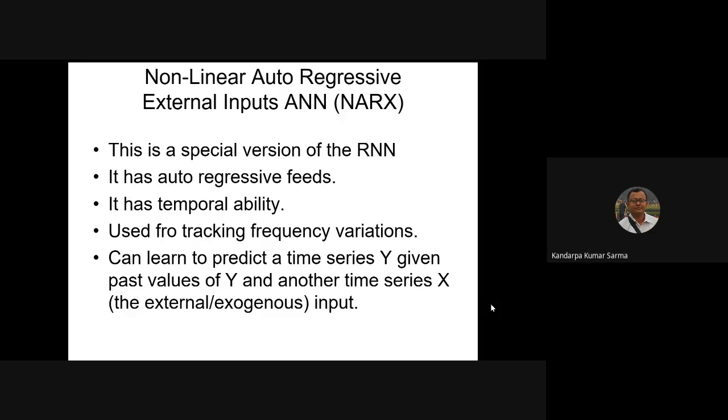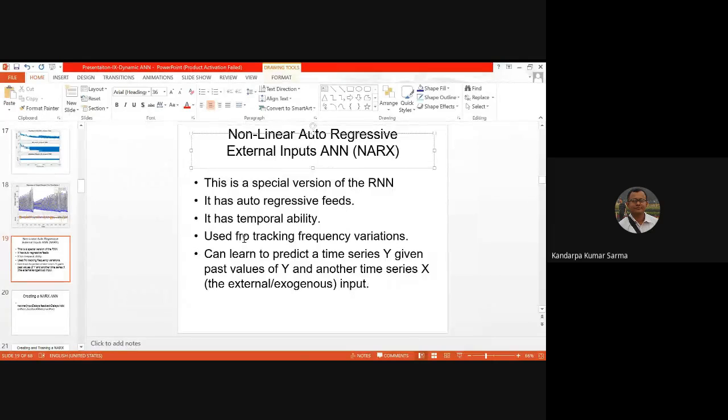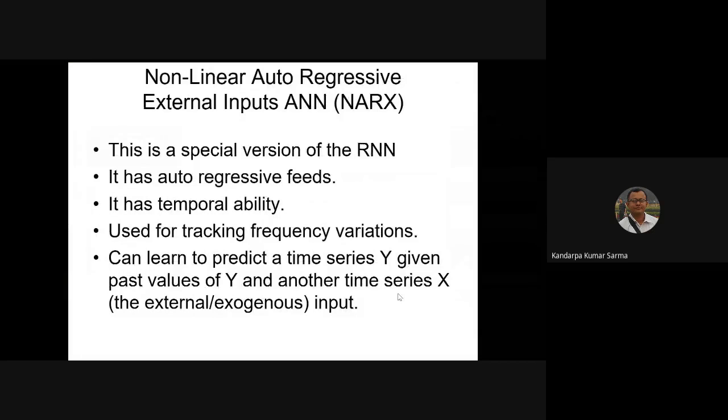It has autoregressive feeds. It has a very strong temporal capability. Temporal capability means it can deal with time variation. It is quite frequently used for tracking frequency variations. So when we need to track frequency variations in real world signals, real world communication signals, this particular network is quite beneficial.